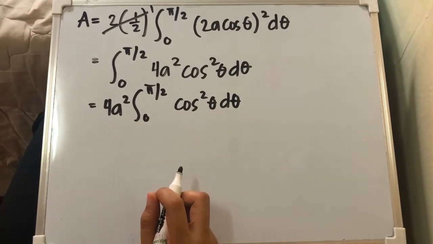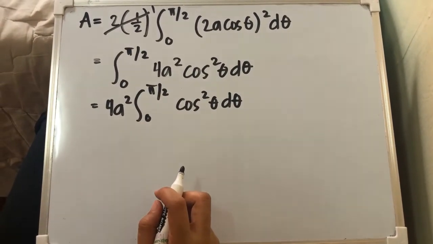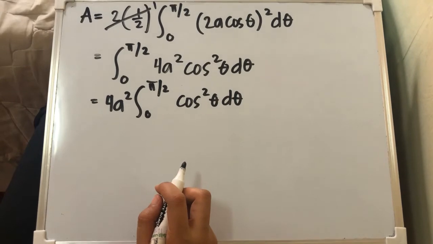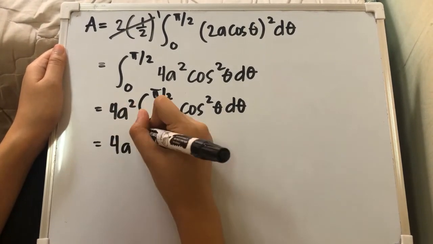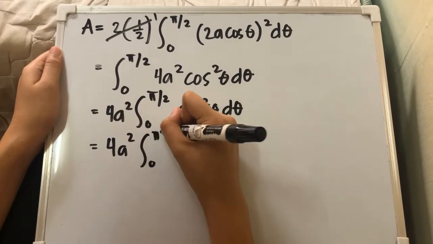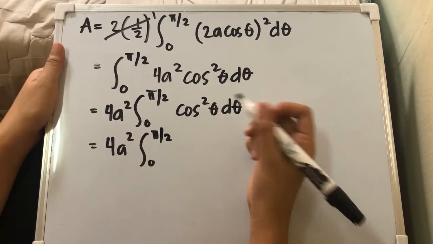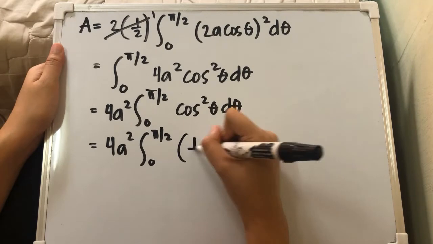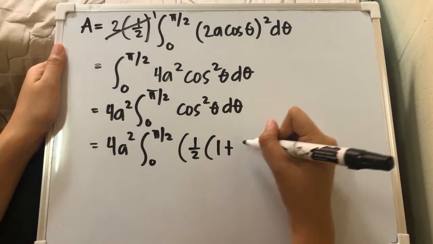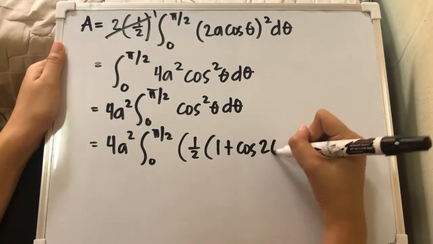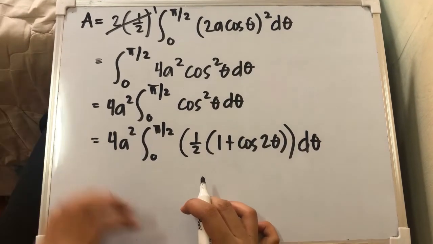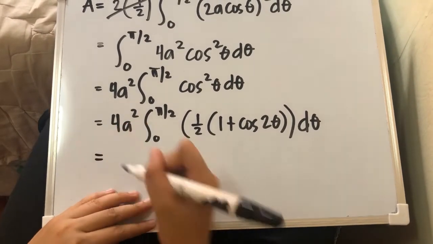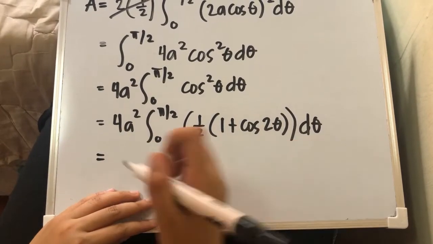And as we know from identities, cos squared theta is equivalent to 1/2 times 1 plus cos 2 theta. So we have 4a squared, integral from 0 to pi over 2 of 1/2 times 1 plus cos 2 theta d theta. Now, afterwards, we can separate this one.